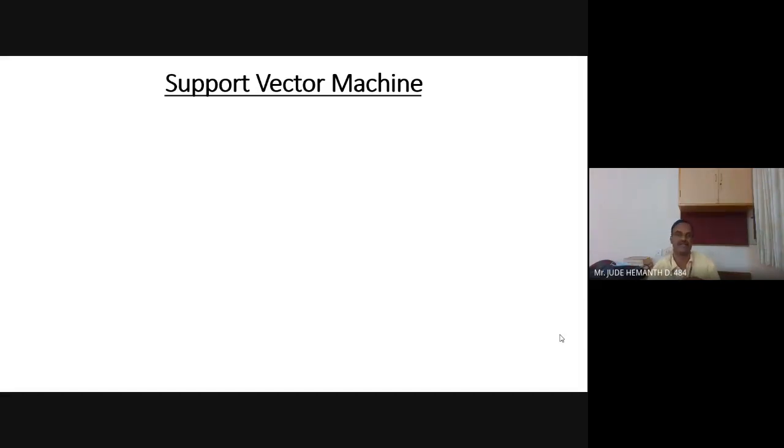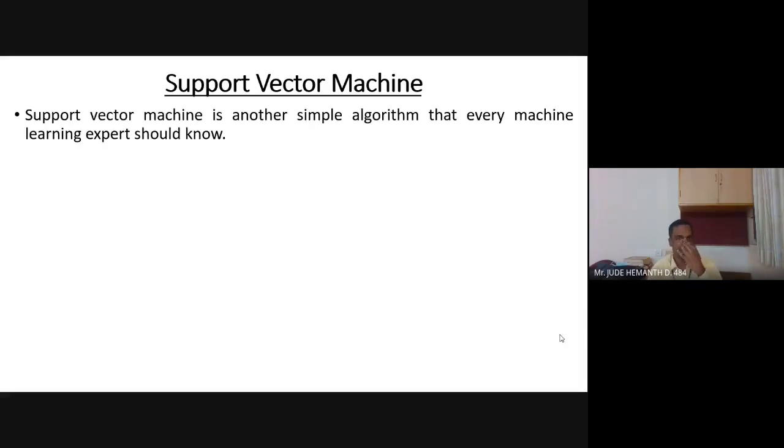Once the parameters are finalized, you can go for the testing process to either go for finding a number or finding a class or a category. So now we will see about support vector machine, and in this class I am going to give you some basic introduction about SVM, and we do not go into the mathematical part today. Try to grasp the theoretical information or background details of this support vector machine.